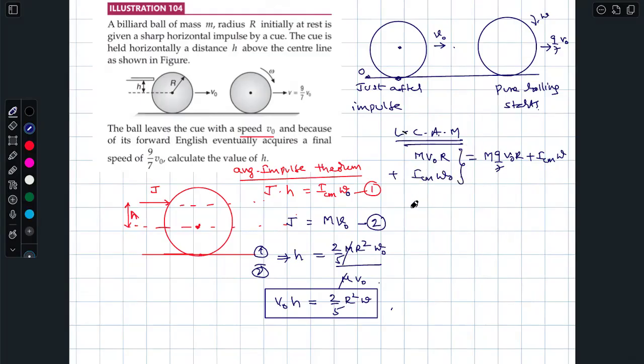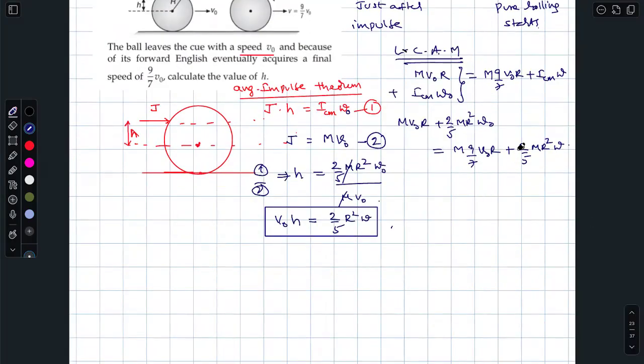Okay, right. No issues. And one more important point here, pure rolling is also happening. So m v naught r plus 2 by 5 m r square omega naught is m 9 by 7 v naught r plus 2 by 5 m r square omega. Hold on. There is no confusion in this. See, here v naught is r omega.